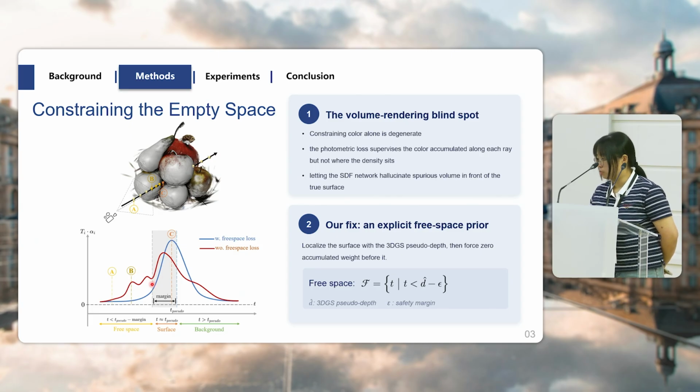The red curve without the free space loss shows small peaks before the surface at A and B. Those are floaters and false density. The blue curve with free space loss pushes those weights to near zero. So the weight concentrates on the main peak, C. It's the true surface. This one is C.